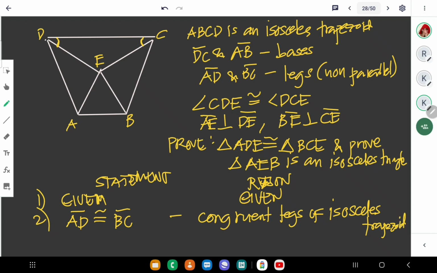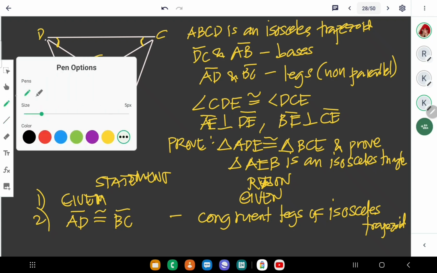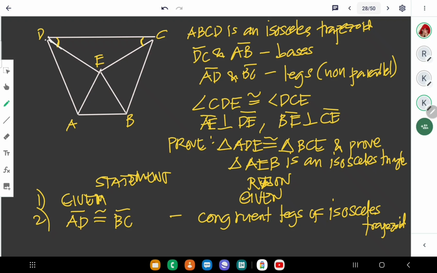Then from the given, maybe my drawing should be straight, and if it extends here, like so.